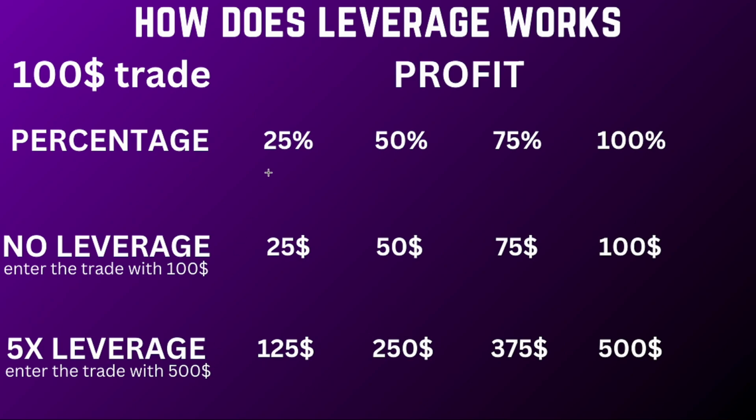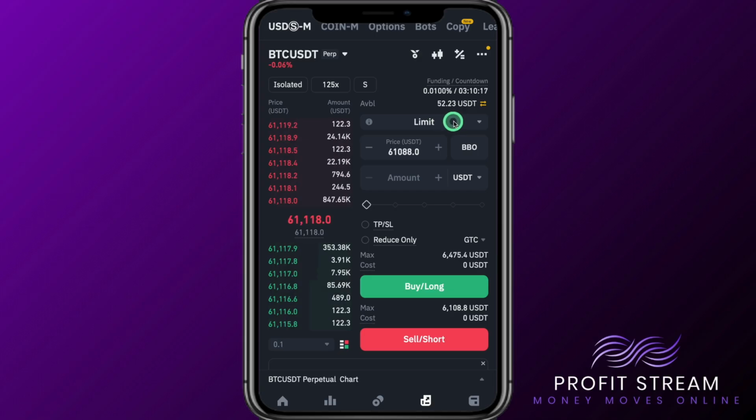So a 25% profit on no leverage is 25 bucks. 75 is 75, 100% is $100 because you're only trading with $100. But if you have a 5x leverage, you enter the trade with $500. So 25% is $125, 50 is $250, and 100 is $500. This is leverage.